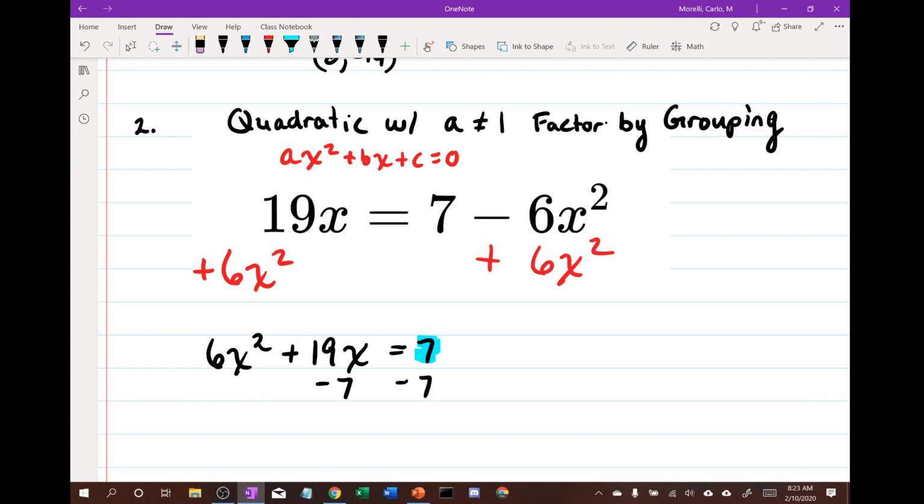That means that we have 6x squared plus 19x minus 7 equals 0.